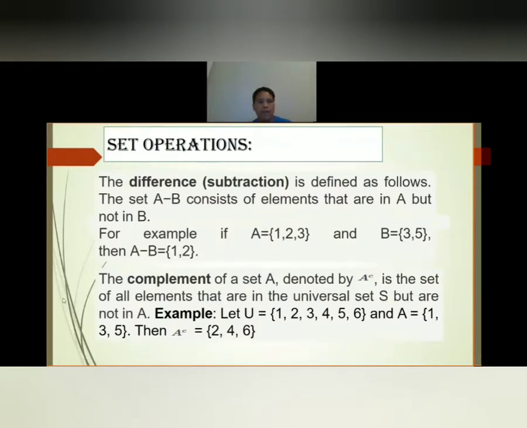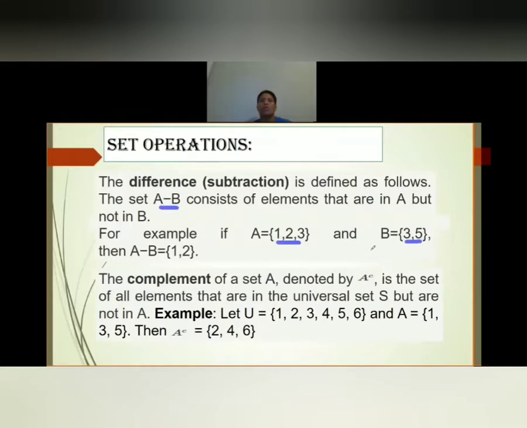The difference or the subtraction of sets is defined as follows. The set A minus B consists of elements that are in A but not in B. So the ones that you see in A but not in B. Let's say, for example, the elements of A are 1, 2, and 3. The elements of B are 3 and 5.